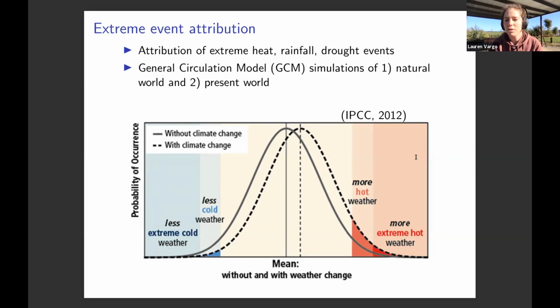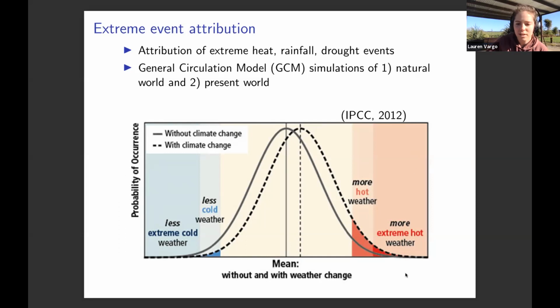One is keeping greenhouse gas levels at pre-industrial levels, and we call that the natural world. And the other is the present world, the world that we're in today, what climate is like with the greenhouse gases that have been emitted today.